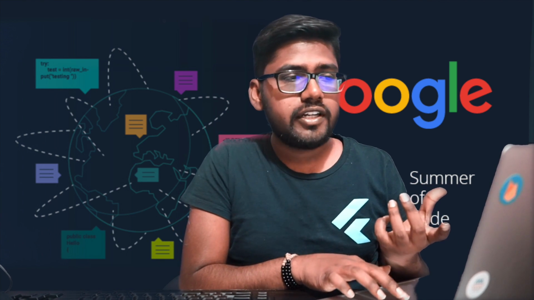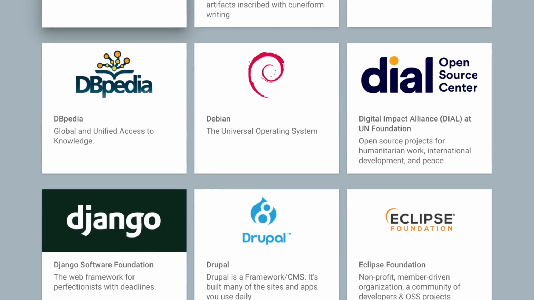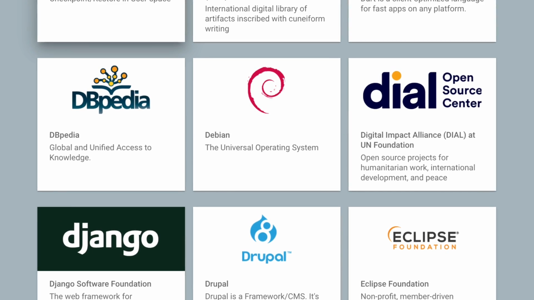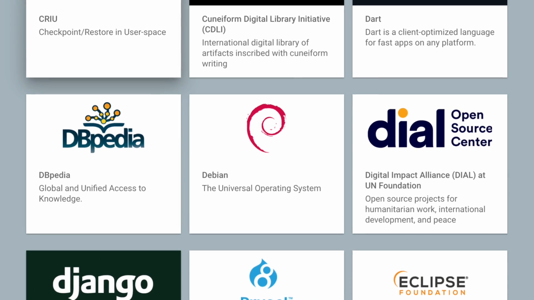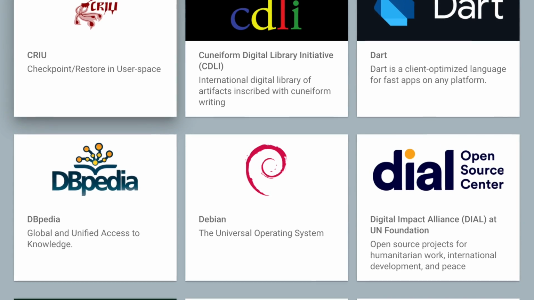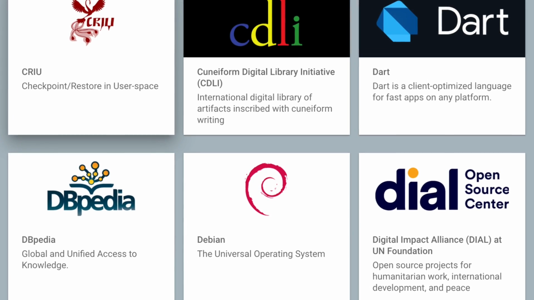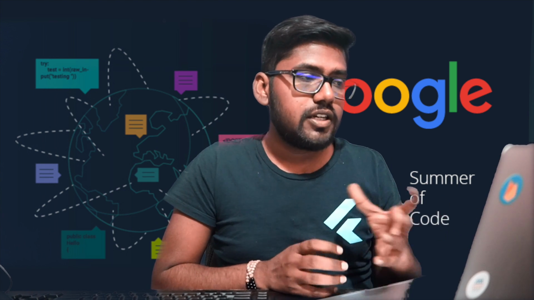The organizations are really good. I'll name a couple of them: there is Fedora, Elastic, Python, Django, FFmpeg, Arduino, Eclipse. So a lot of organizations which you might be familiar with. All of them have some project ideas which they want you to work on. So that's the concept.